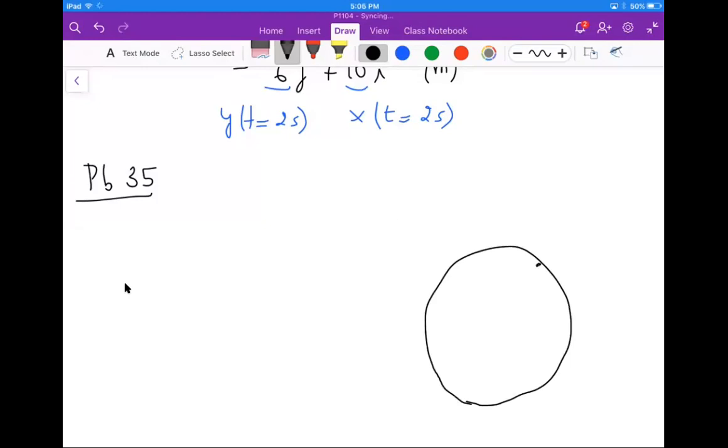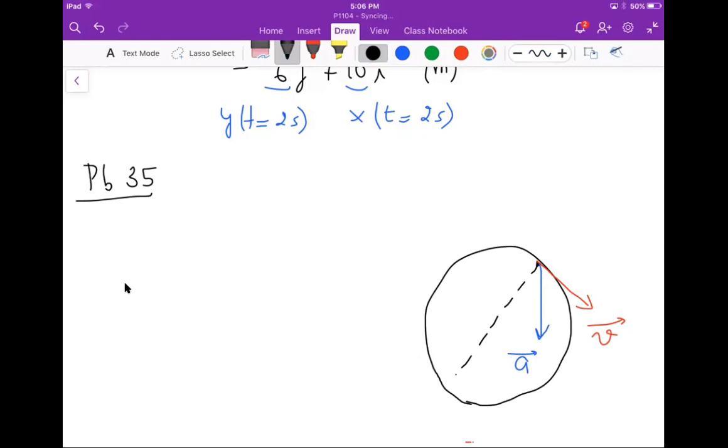At a given point here, you have a vector, which is the vector v. This v should, of course, be tangent to the circle. We have also a vector a, which is the vector acceleration according to them, and this is the radius of the circle.